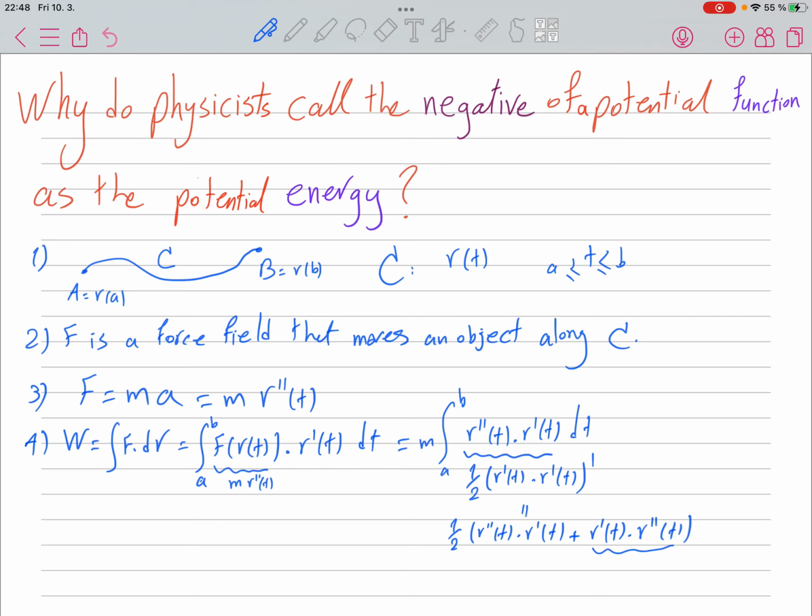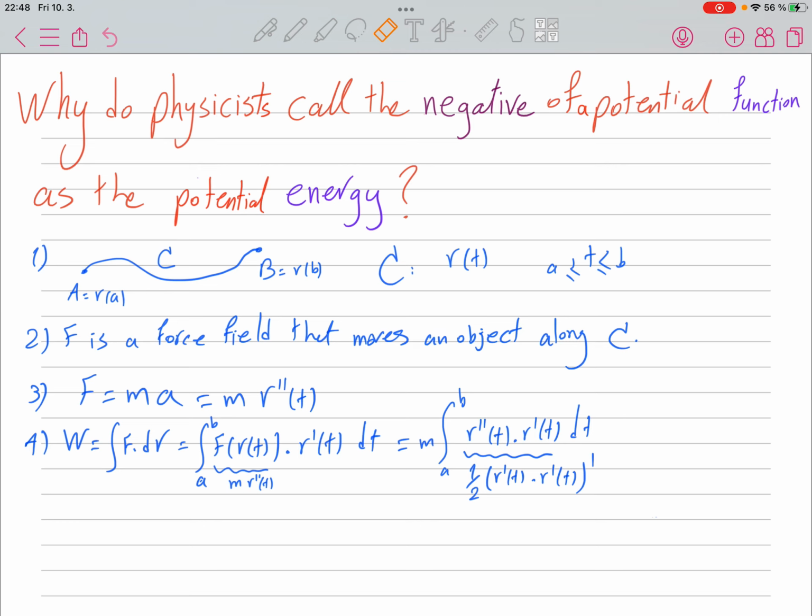So you can consider this one as R double prime of t dot product R prime of t. Therefore here and here you have 1/2 R double prime of t dot product R prime of t, right? I hope that you are now convinced that R double prime of t dot product R prime of t is equal to 1/2 R prime of t dot product R prime of t, prime.